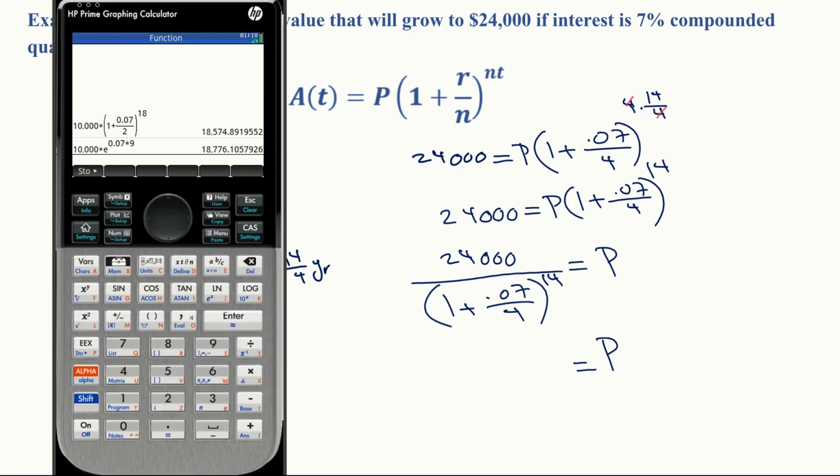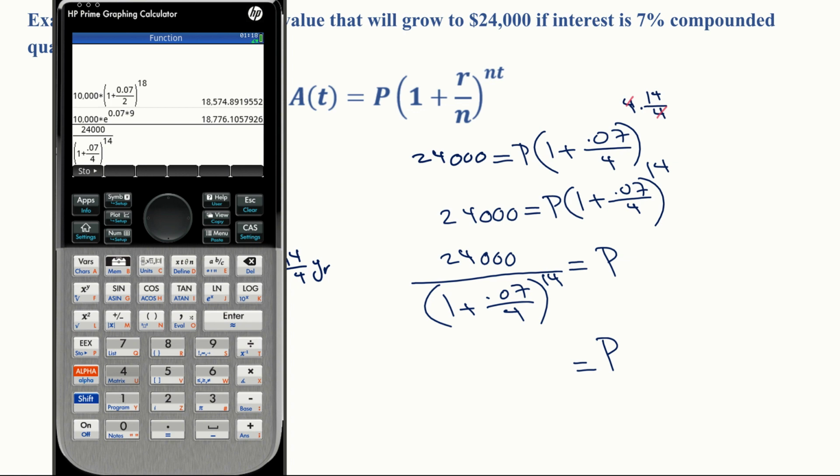I'm just going to put this in with the keyboard. So we get 24,000 divided by 1 plus 0.07 over 4, we need to exit, and raise it to the power of 14.